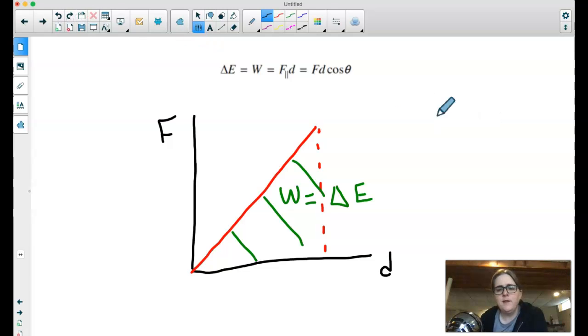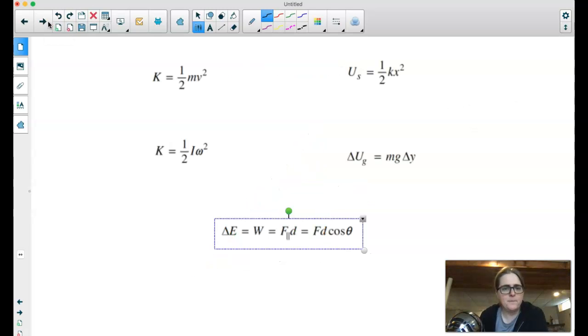However, if I am pulling a box upwards as well as forward, then essentially only part of that force does work, and so I'm going to use this last part of the equation instead. That doesn't tend to come up very often on the AP exam.